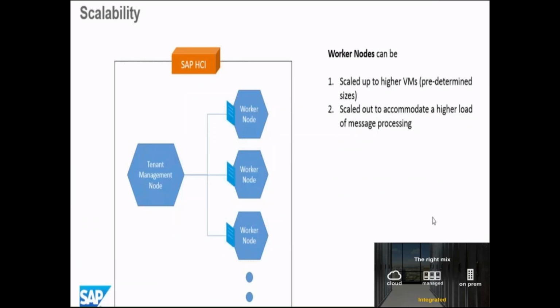Okay, so let's say you can increase the RAM or increase the worker node to your HCI at any point of time. Let's say the load on your HCI has just increased. So what SAP will do, it will take a free worker node, and it will attach that to your tenant management node, and it will be done at the back end.